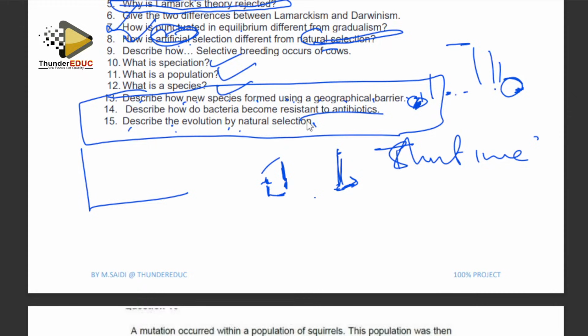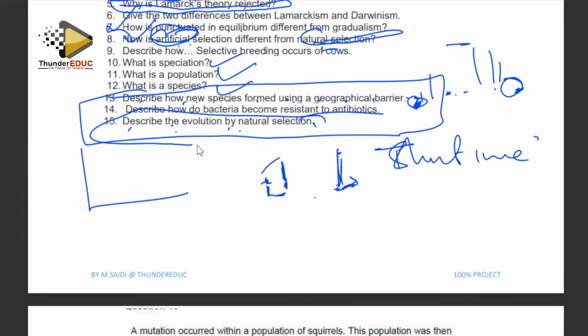I'm going to give you an example, unless the question comes like this. Some have favorable characteristics, while others have unfavorable characteristics. Those which have favorable characteristics will survive and pass their allele for favorable characteristics to the next generation, while those which don't have favorable characteristics will die in large numbers.